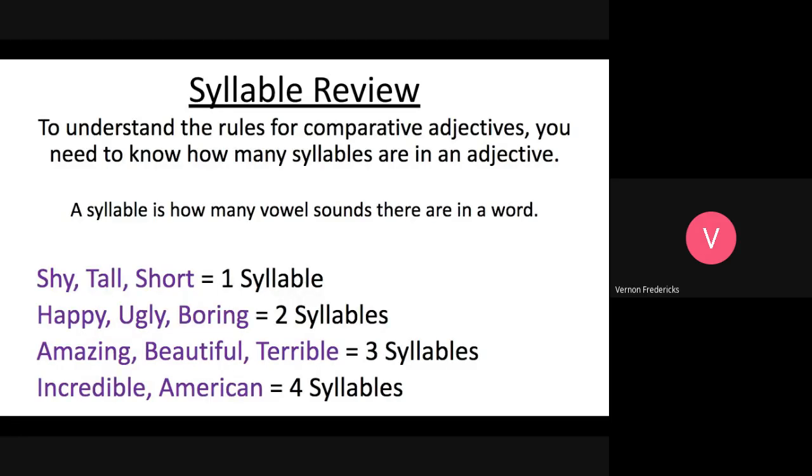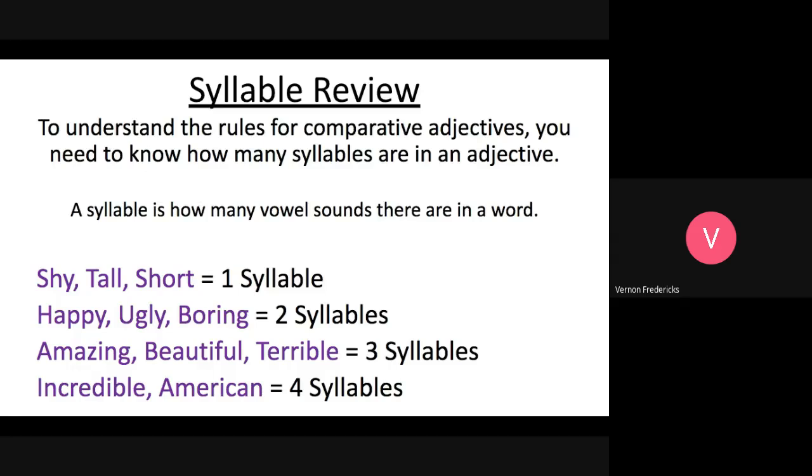For example, let's have a look at the name Abdullah. There are three syllables in the name Abdullah, so there are three vowel sounds. Let's have a look at the examples here. One syllable words. The first one is shy.